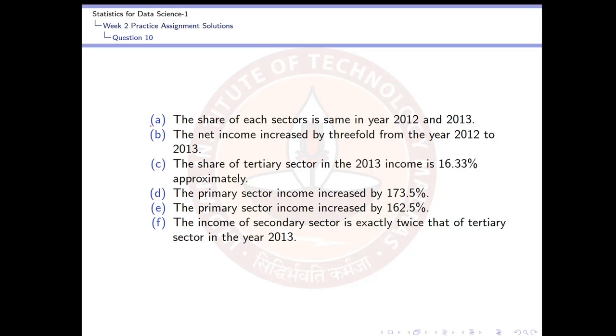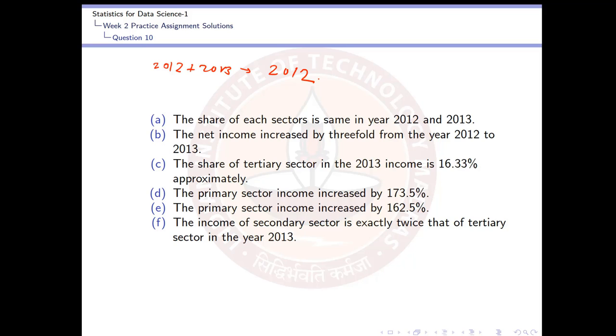First is the share of each sector is same in year 2012 and 2013. If the share of each sector is same for 2012 and 2013, then total share will also be same. That is, the share of 2012 plus 2013 will be twice the share of 2012 itself.